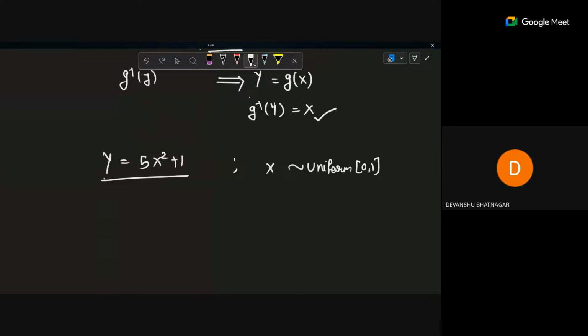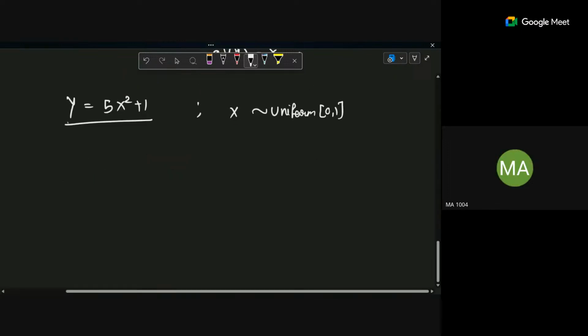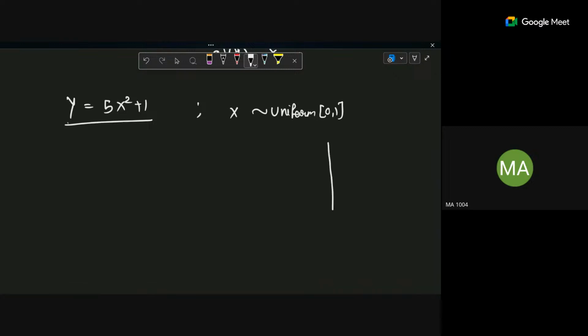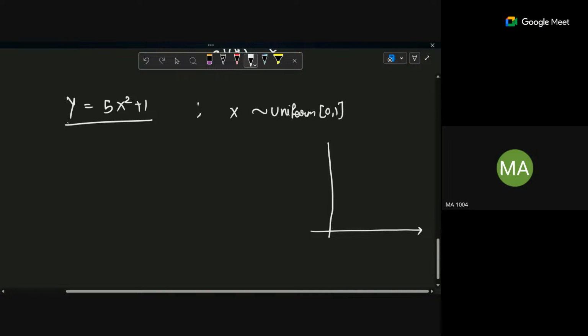Someone is asking a question here. Can you just explain what is monotonic? See, any function is said to be monotonic if once its value starts increasing, then it should not decrease.